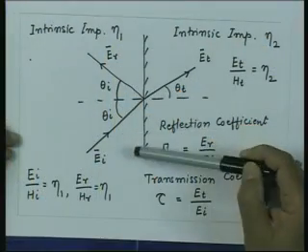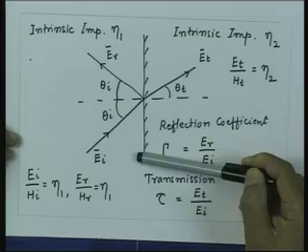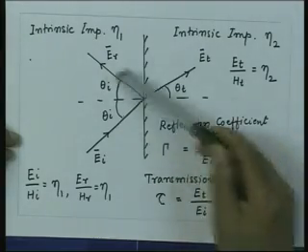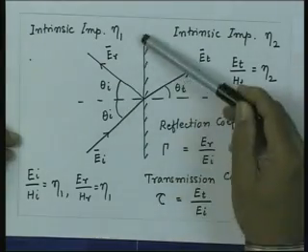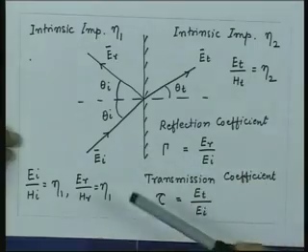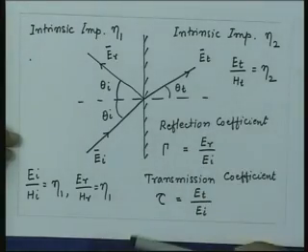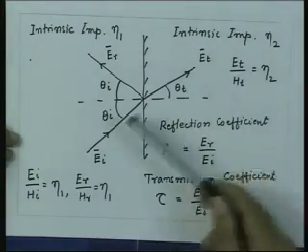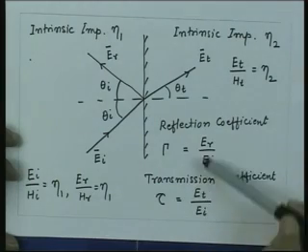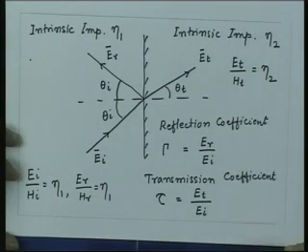Essentially we write down the electric and magnetic fields in the two media for the three waves, and then you apply the boundary conditions at the interface for the electric and magnetic fields. By doing some algebra, you get E_R by E_I, which is the reflection coefficient, and E_T by E_I, which is the transmission coefficient.